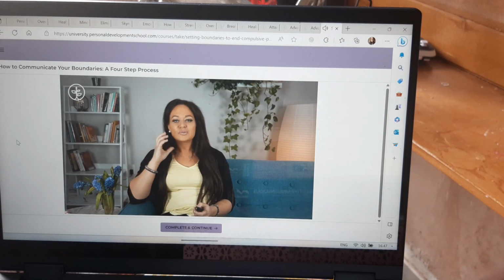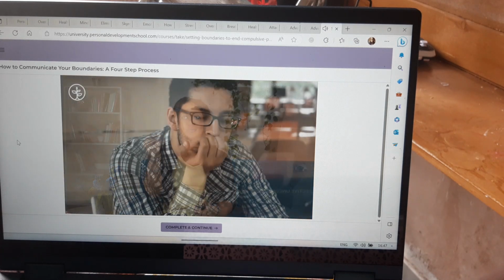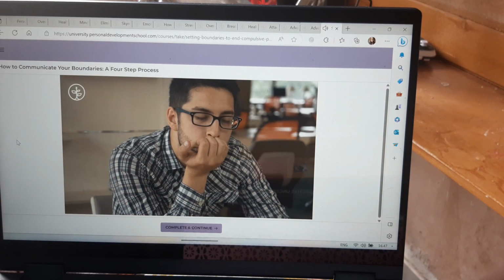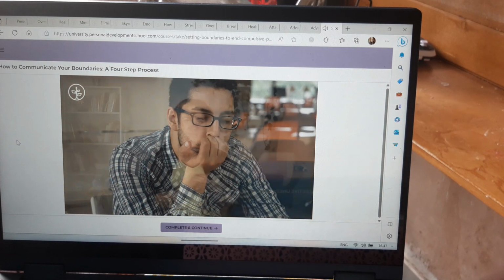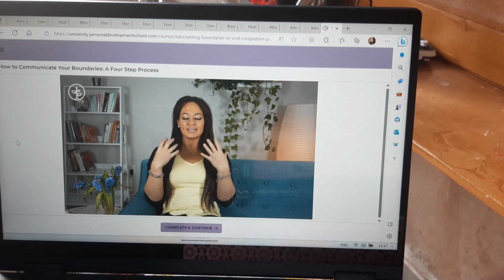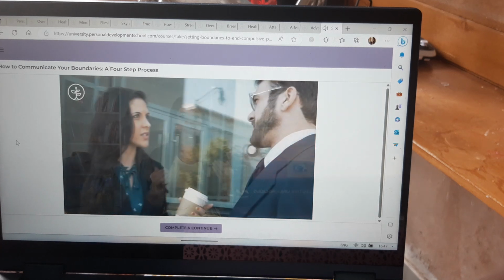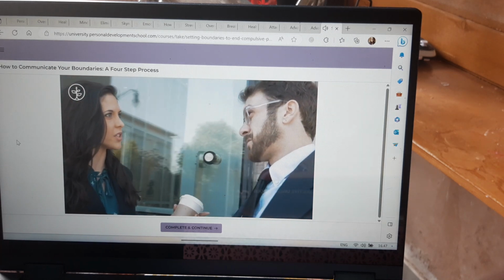And visualization can be the act of imagining yourself actually setting the boundary. So let's say you go home, you're doing the boundary identification process, you're doing the worksheets at night, you can actually sit, close your eyes, and visualize yourself setting these boundaries and communicating and saying them to a person.